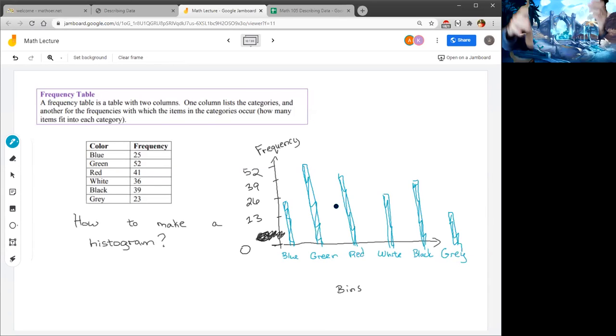So I'm going to take my clipboard and colored pencils that I warned you you might need today. Don't take too long. No one's grading your artwork. I just want to show you how the process works.